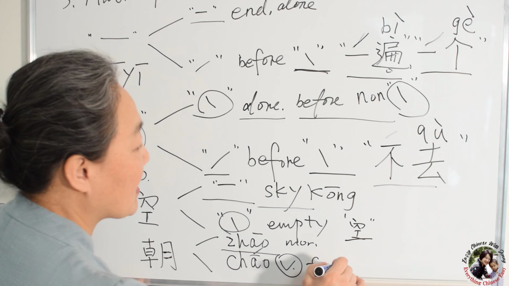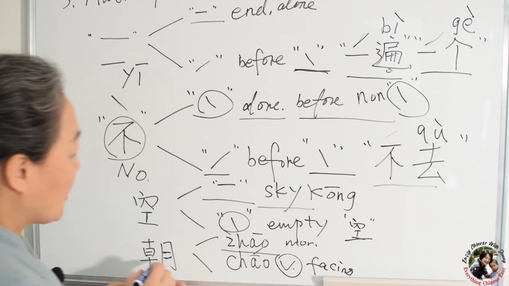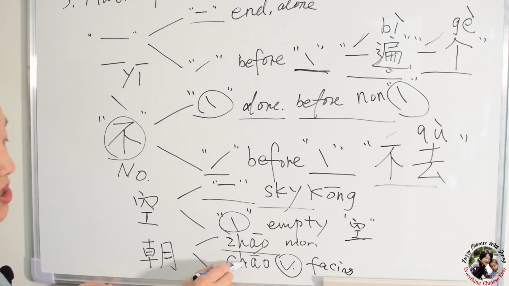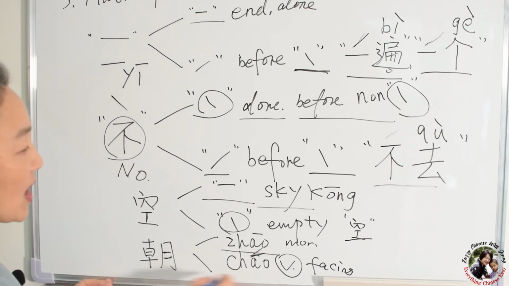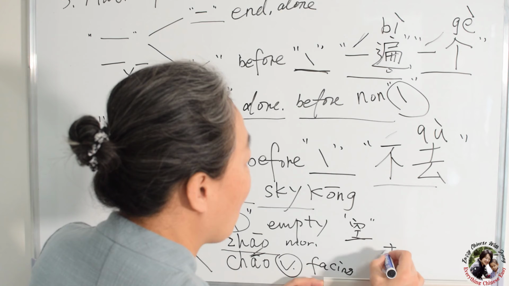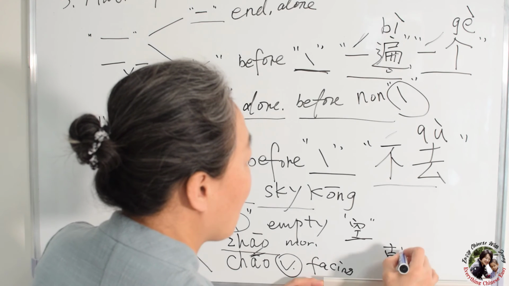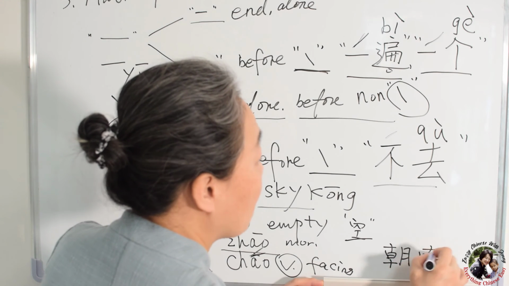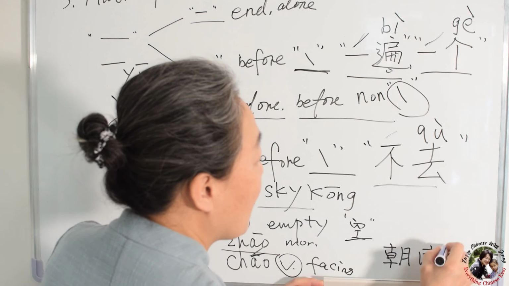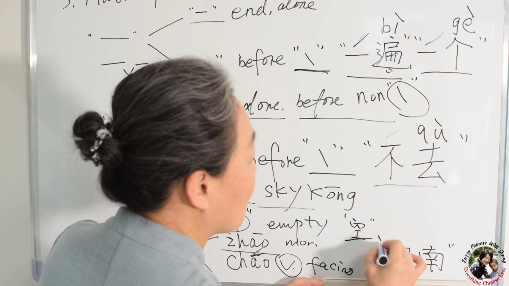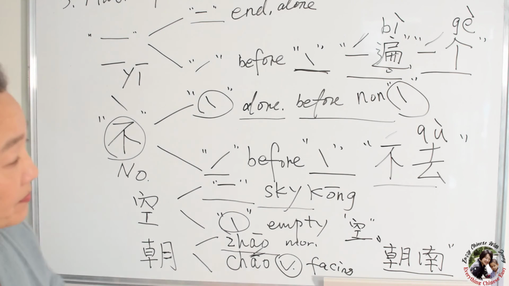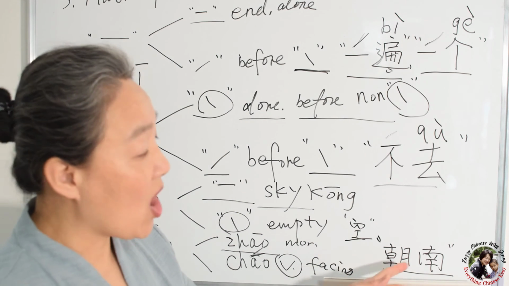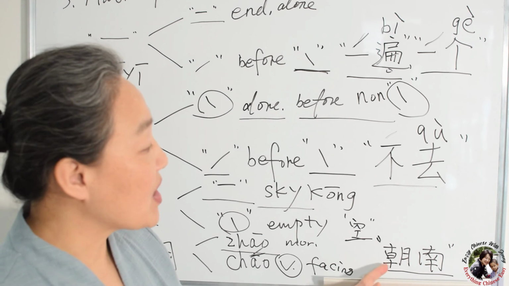Facing which direction? 朝, second tone. If we say 朝南, Nan means the south. Remember, Chinese people like to have the house facing to the south. We say 朝南, second tone.